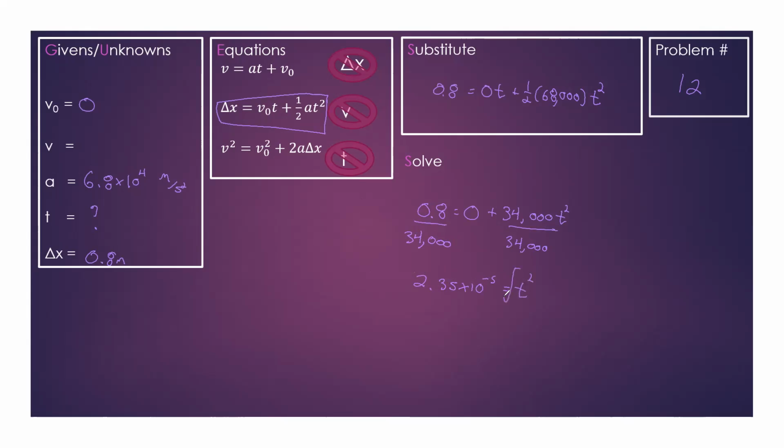I'm going to go ahead and take the square root of both sides to get rid of the squared. And when I do that, I get that the time is 0.0049. I round to 2 decimal places, seconds. Please don't forget your units.